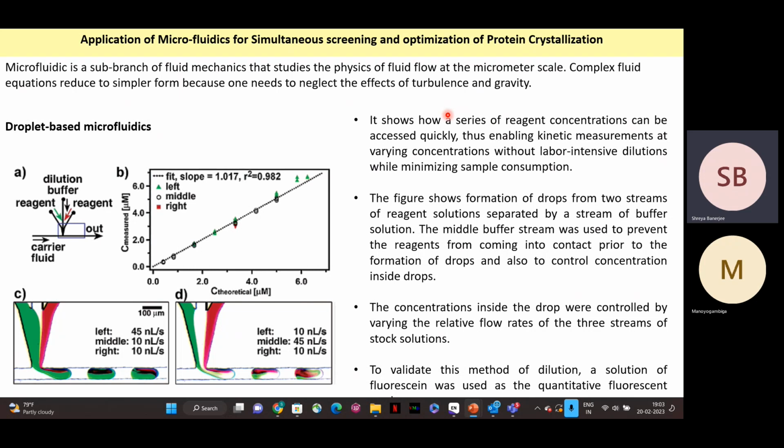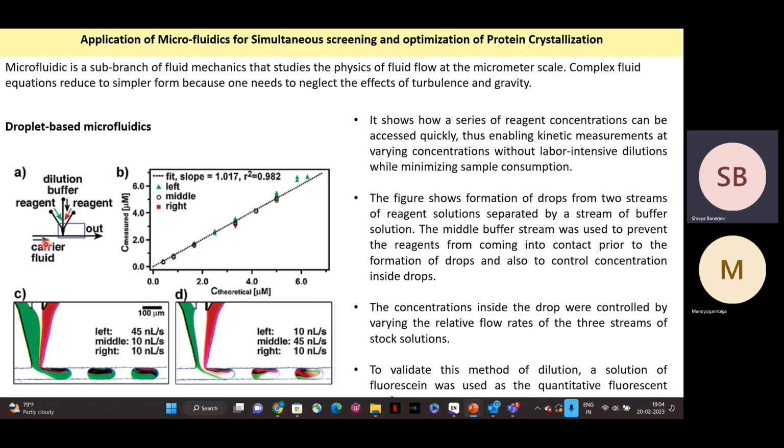So to minimize that, what is done is that there are two streams. Say you have two different reagents shown by this red and the green. So the red and the green reagents are mixed and they are separated by the dilution buffer. So there are three streams.